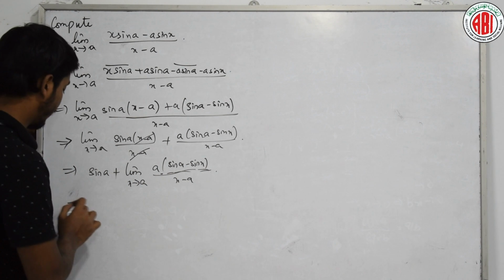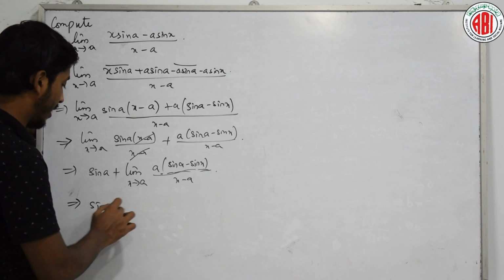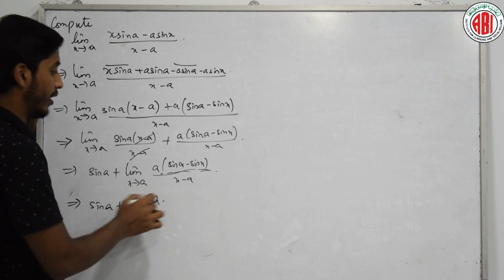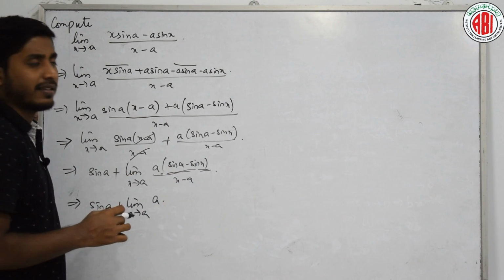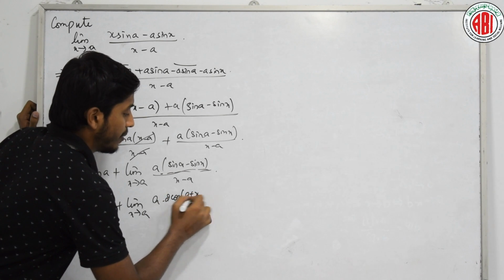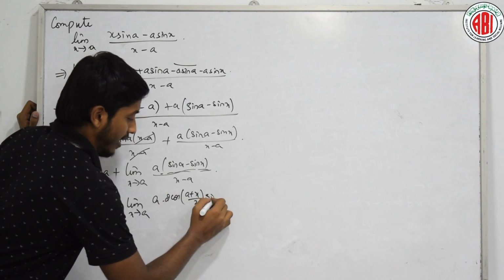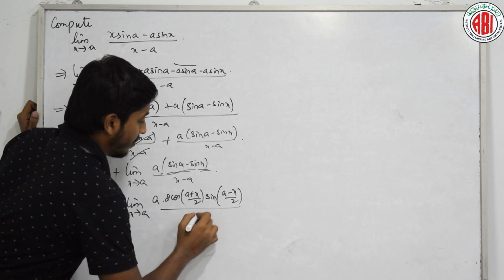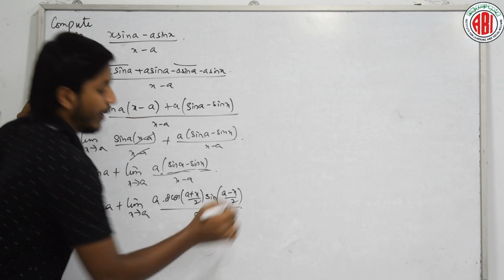What is it? That is sin a plus limit x tends to a, a into, what is the formula of sin c minus sin d? That is 2 cos((c plus d) by 2) sin((c minus d) by 2) divided by (x minus a).